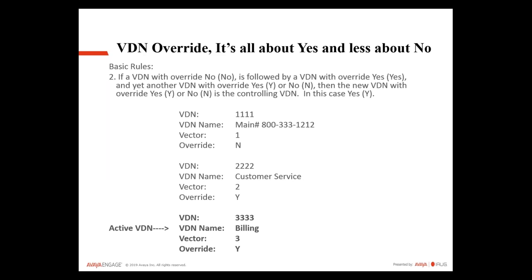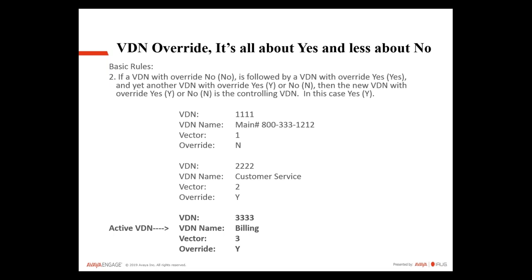So let's shake it up just a little bit. In this example, again, the main VDN is set to no. The second, customer service, says, hey, main, can I override you? So main says no and remains in charge, or active. And if the call is answered in customer service, all the information on the main VDN is still applied to the call.